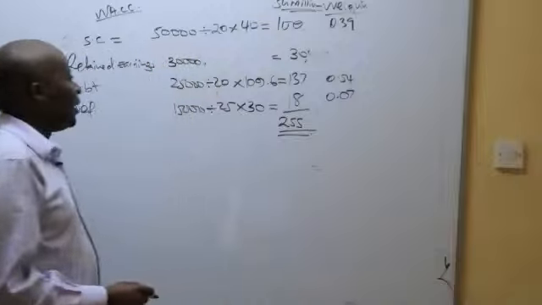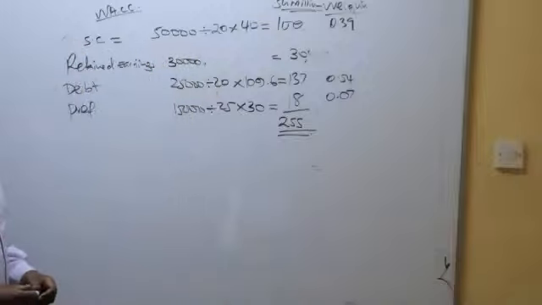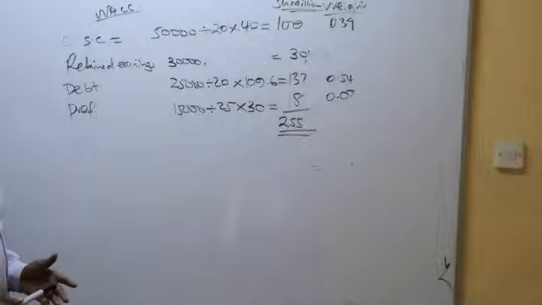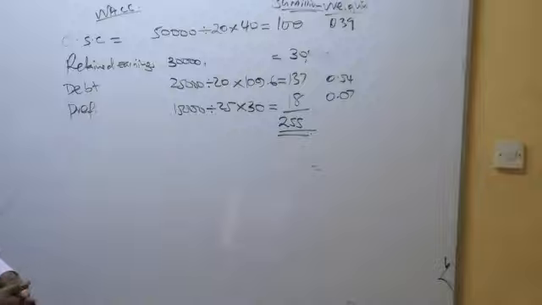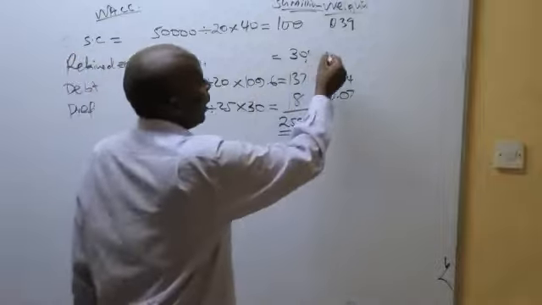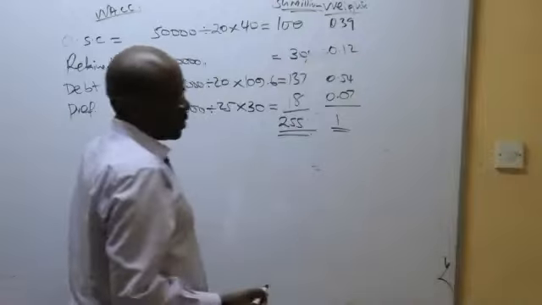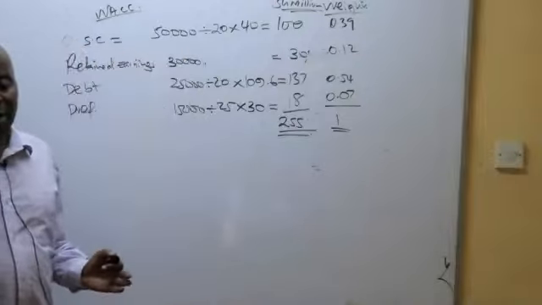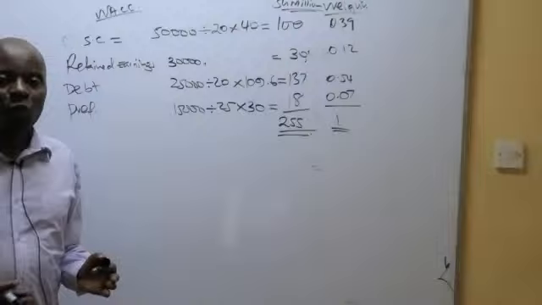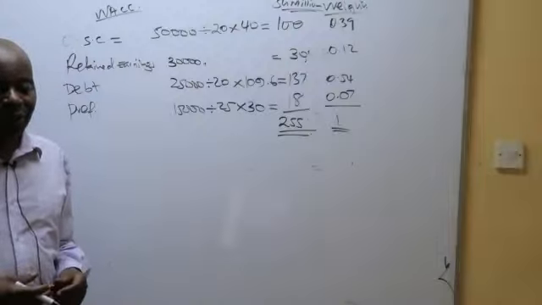How about retained earnings? Retained earnings, I'm being given 0.12. And if you add, of course, all the proportions, you'll end up getting 1 or thereabout. It has to be something close to 1.